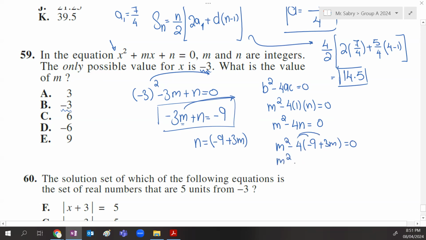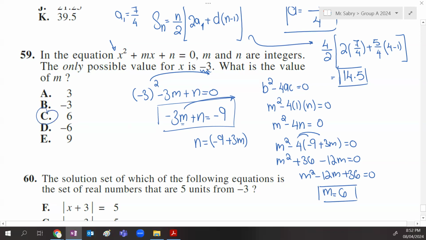I'll have m squared plus 36 minus 12m equals 0, which means I can do this now with mode 5-3 and find the value of m. This will get me m equals 6, it's the only possible answer.